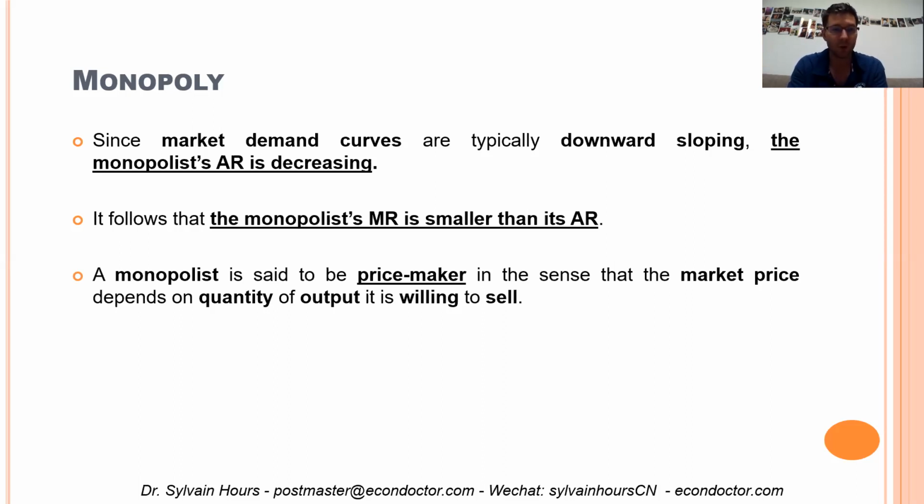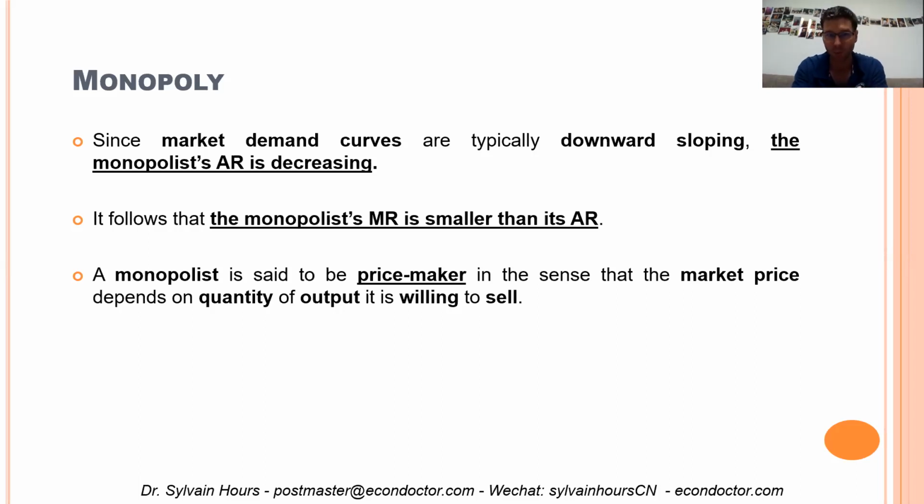So as I said earlier, a monopolist is said to be a price maker. It has market power. And the decisions made by this monopolist, in particular decisions on how much output is going to be sold, will have an influence on the market price that is charged by this business. If the monopolist chooses to sell a low quantity, it will be able to charge a high price.